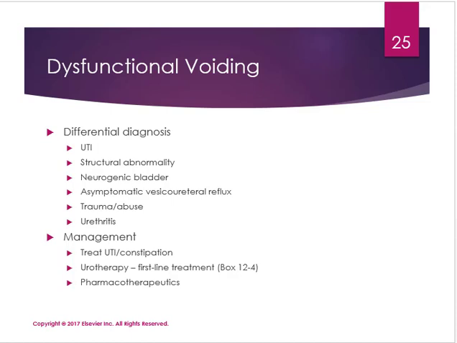I encourage you to look at this section, as these are very common things that you may be doing in primary care and peds. And lastly, on dysfunctional voiding, there is the use of pharmacotherapies. This is considered second-line treatment in combination with urotherapy. These would be medications that would have been prescribed by a pediatric urologist, as the use of most of meds that are appropriate for this are considered off-label.